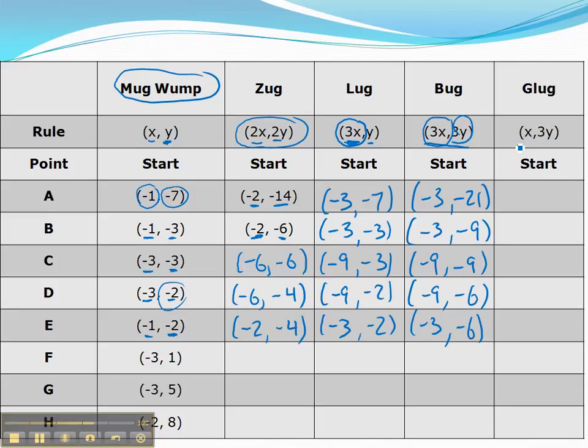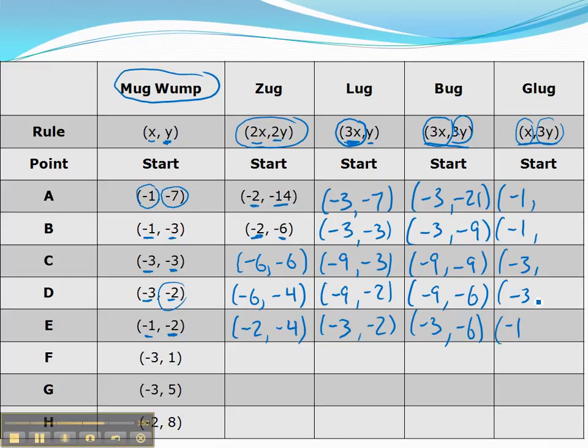Glugwump has the rules x and 3y. So we can take Mugwump's x coordinates and just write them down. So for point A, that's -1, point B, -1, point C, -3, D, -3, and E, -1.